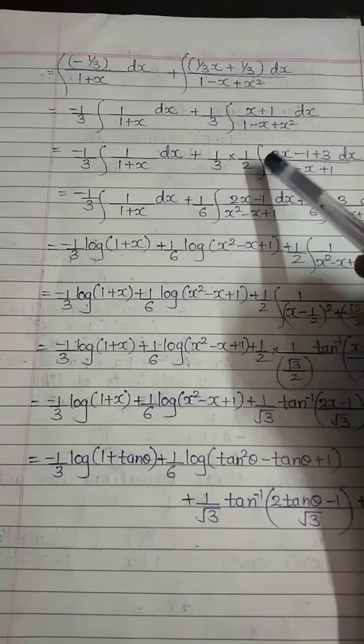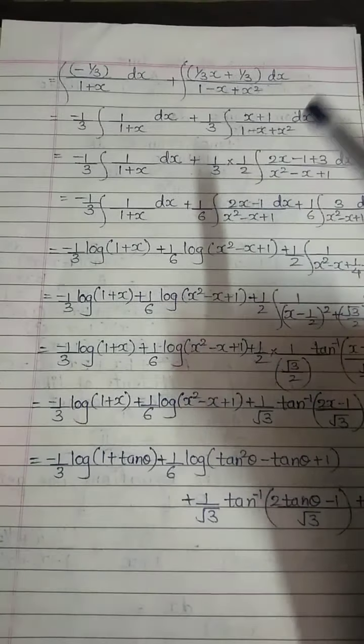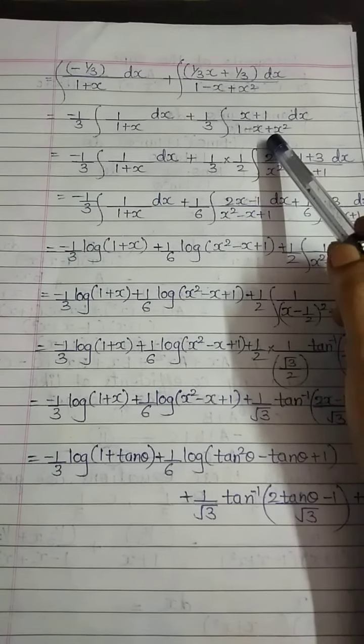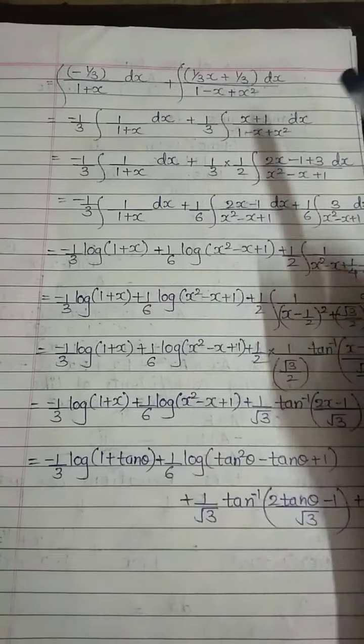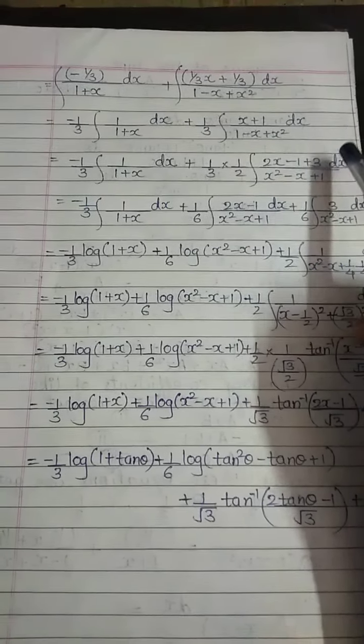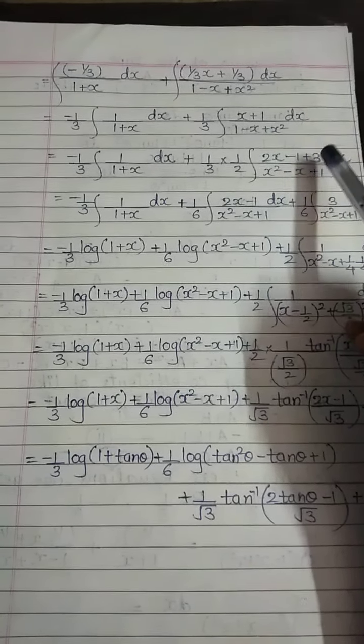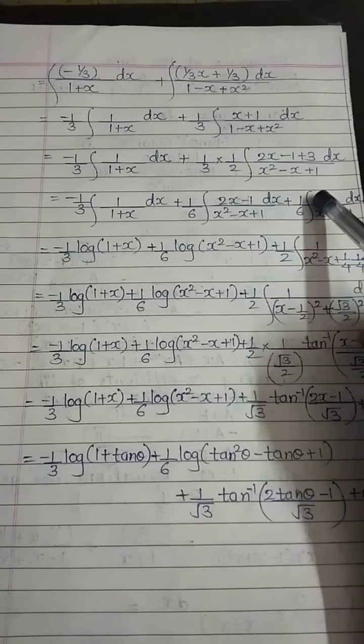Now here we multiply and divide the term by 2, so that the derivative of the denominator will be present in the numerator. So in the numerator we will get 2x plus 2. Now that plus 2 we can write as minus 1 plus 3, so that further simplification will be easy.